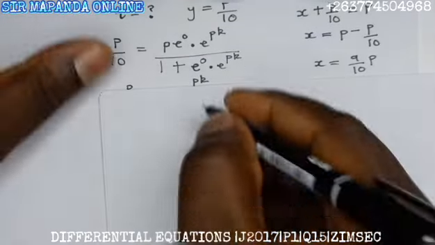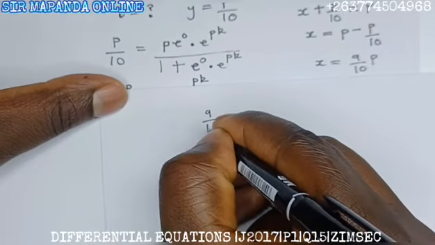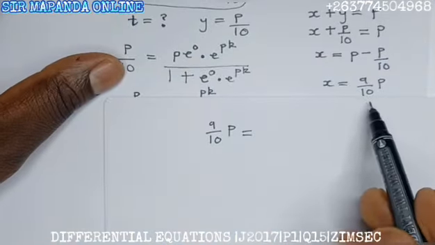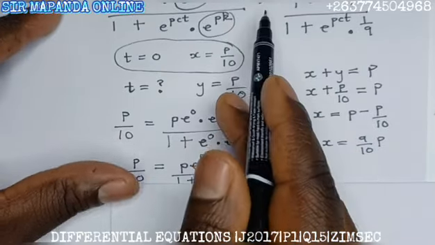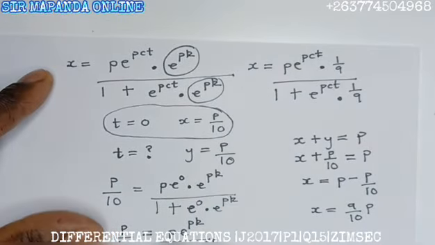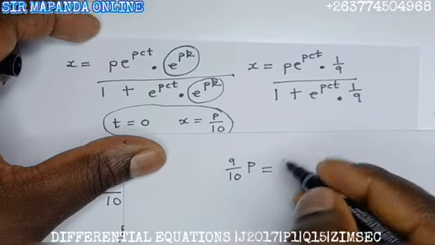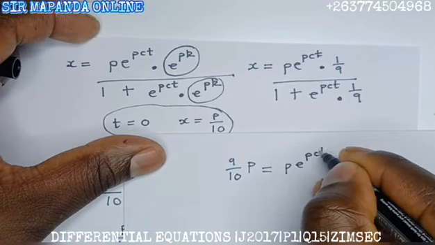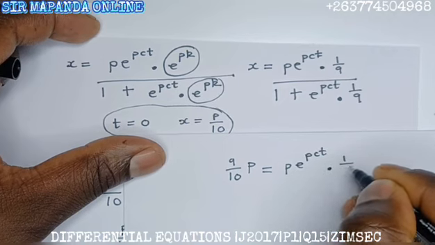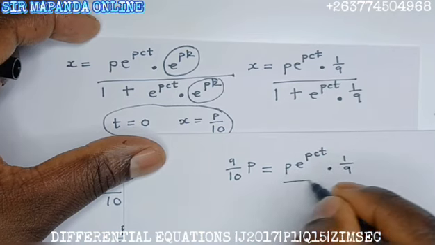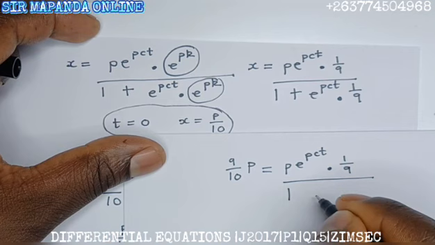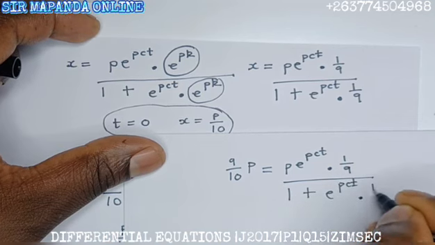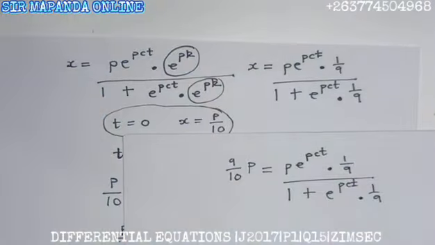Putting 9 over 10 P on X, you get 9 over 10 P is equal to P e to the power of PCT dot product 1 over 9 all over 1 plus e to the power of PCT dot product 1 over 9.